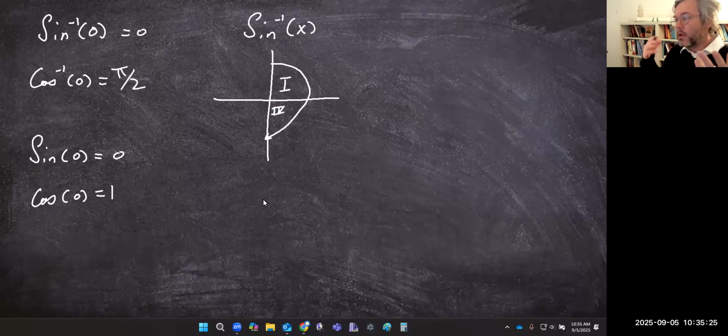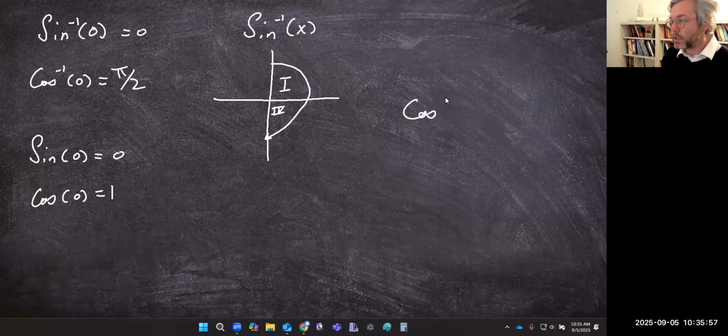When we define an inverse function, we have to make sure that the function is one to one. The way we do that is we restrict the domain. So by restricting the domain, we have to pick certain areas where this thing works. What they picked for inverse sine before me or you were born was region 1 and region 4 for the valid regions, okay? So it only works here and here.